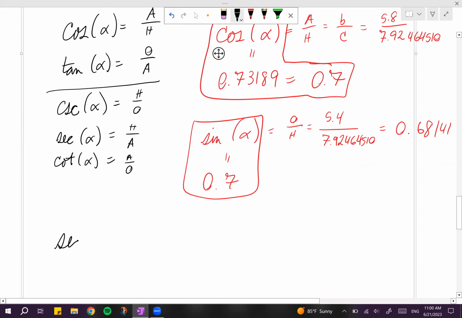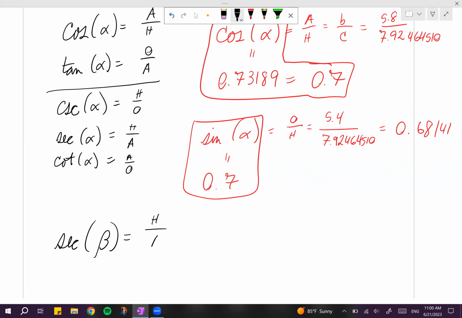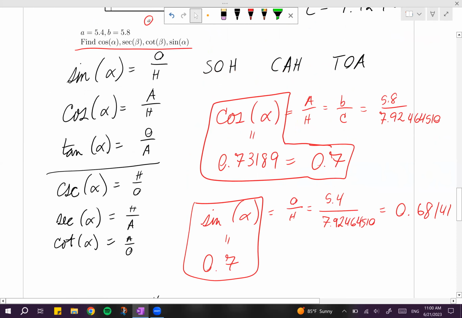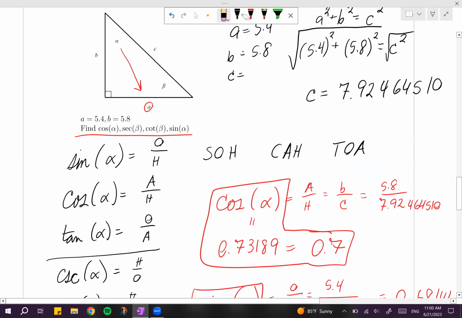So secant of beta is the hypotenuse over adjacent. Now we're not looking at alpha anymore, we're looking at beta. And we said secant is the hypotenuse C over the adjacent side A. A is adjacent to beta.